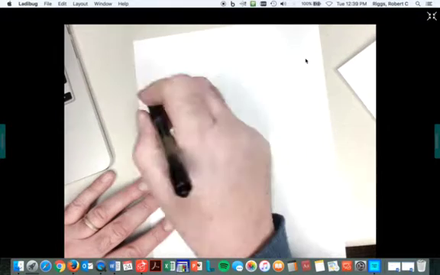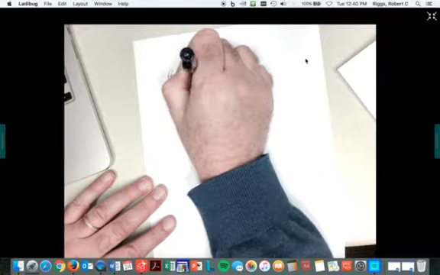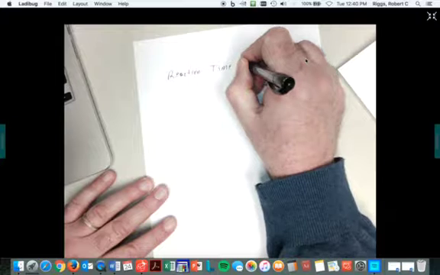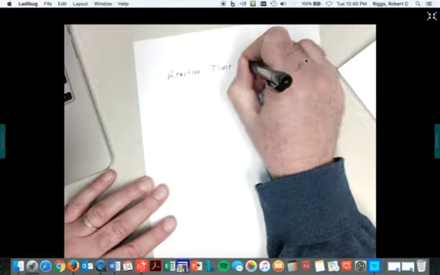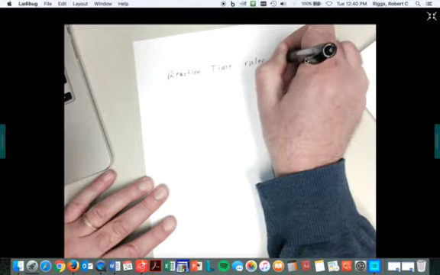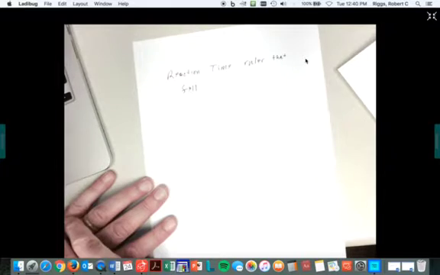So here we go. What is the reaction time for a ruler that fell? Most of them are going to fall a lot smaller than this.